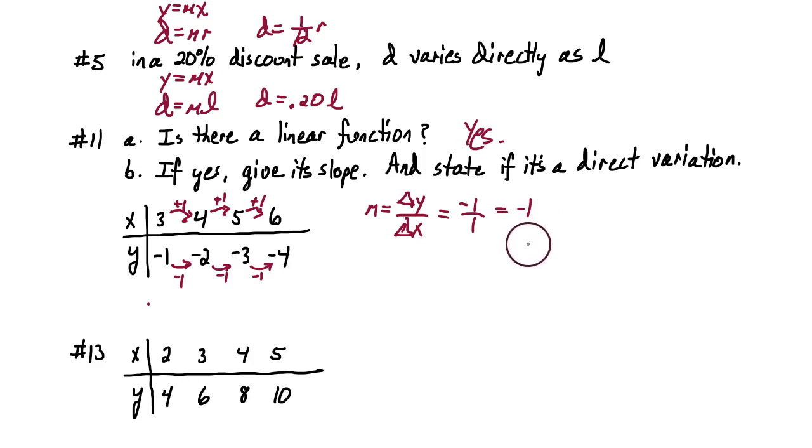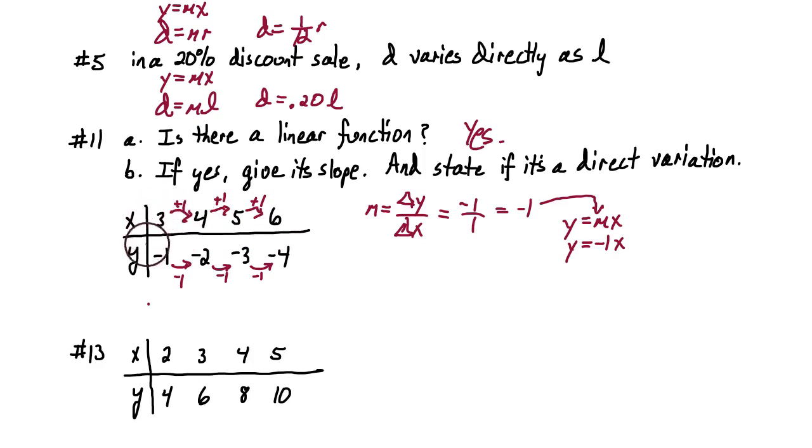In order for this to be a direct variation, it must satisfy the formula y equals m times x. Remember that our value of m is -1. So this has to satisfy the equation y equals -1 times x. Let's check to see if it does. Take any one of the ordered pairs.